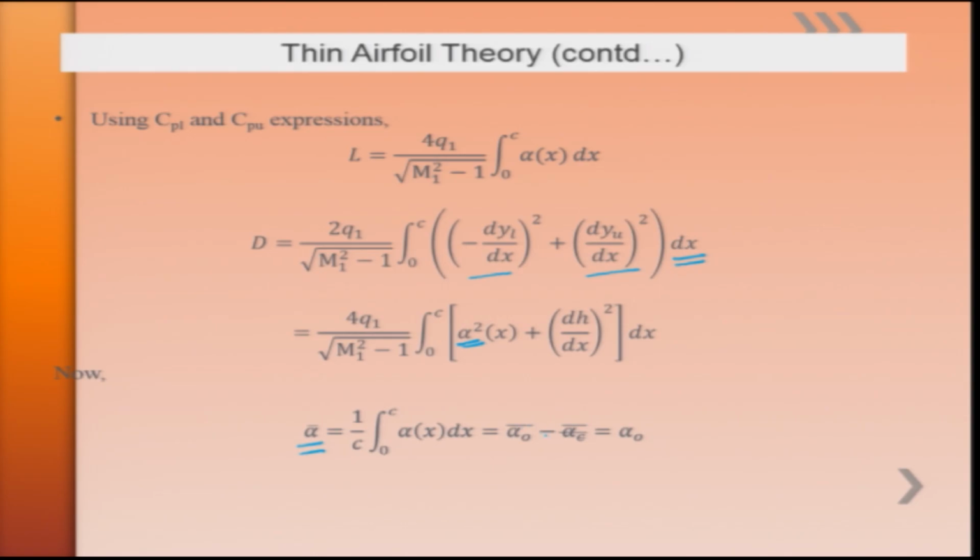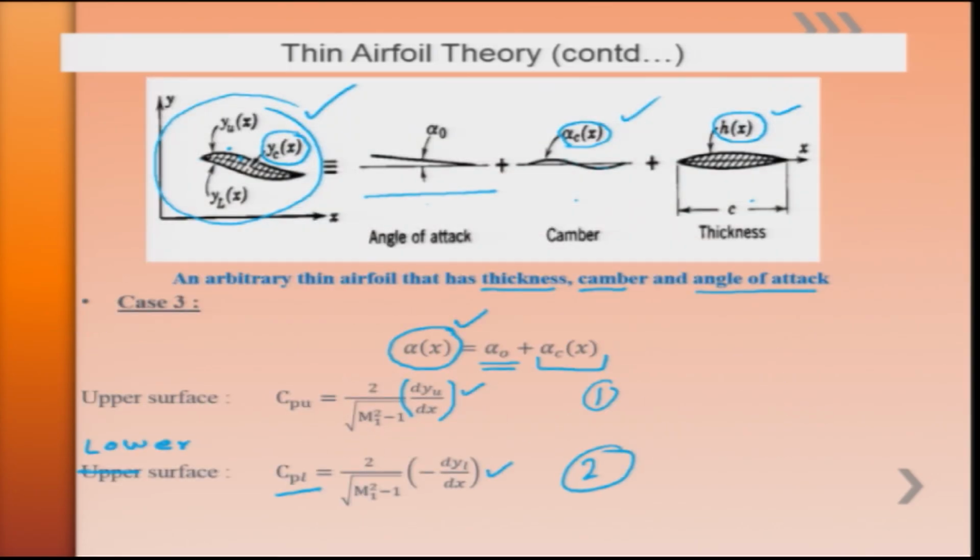the average of alpha c will be 0, because if you integrate it over the full chord, the upper half and lower half will add up and cancel each other.